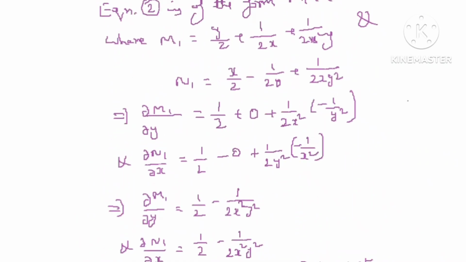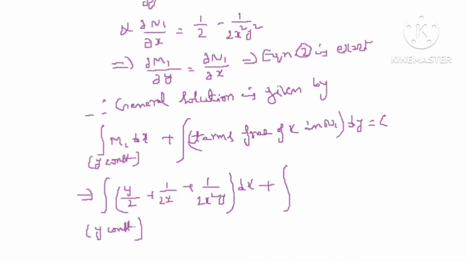So in n1 this term is having x and this term is also having x. So the term that is independent of x is minus 1 by 2y. So this is minus 1 by 2y dy is equal to c.